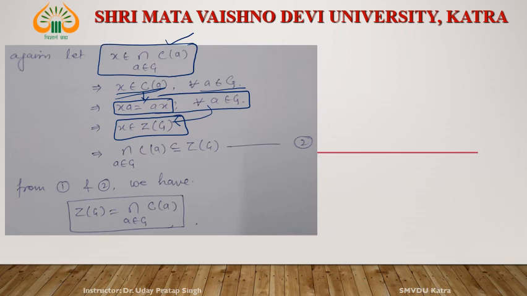Then from the first and second, ZG is equal to the intersection of the centralizers of every element of G.